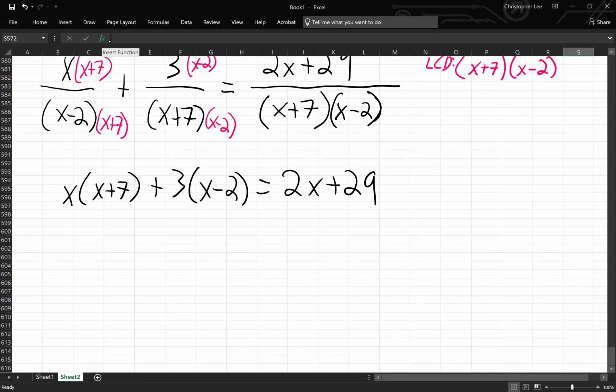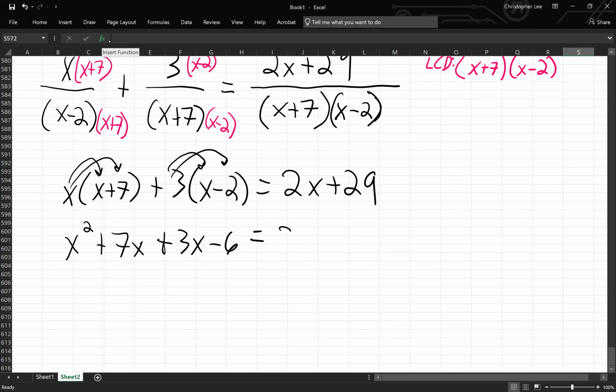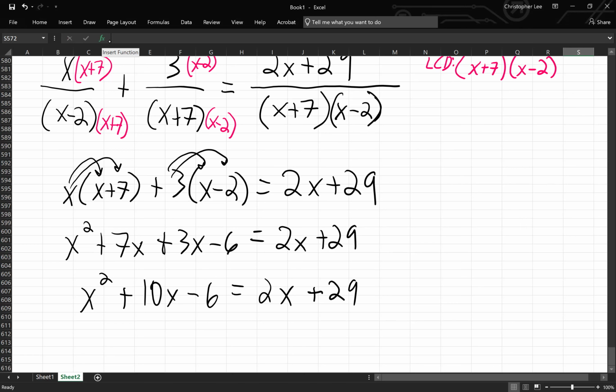All right. So this would be x times this. This is going to be x squared plus 7x. And then 3 times this is going to be plus 3x minus 6 is equal to 2x plus 29. Combine like terms. X squared plus 10x minus 6 is equal to 2x plus 29. Now, my goal is I want to get all my x's on one side.